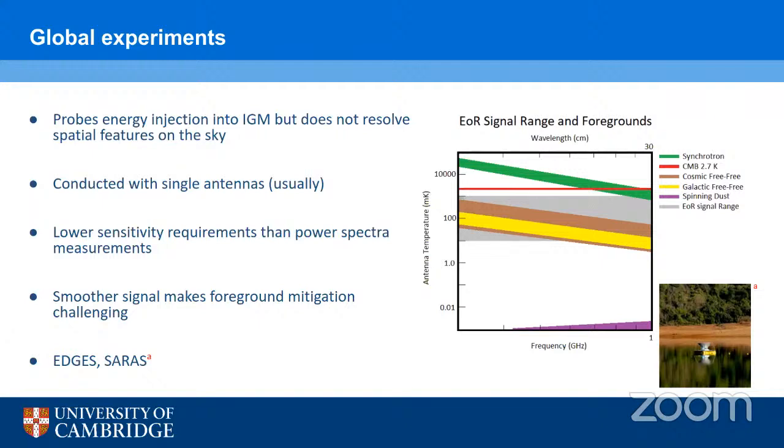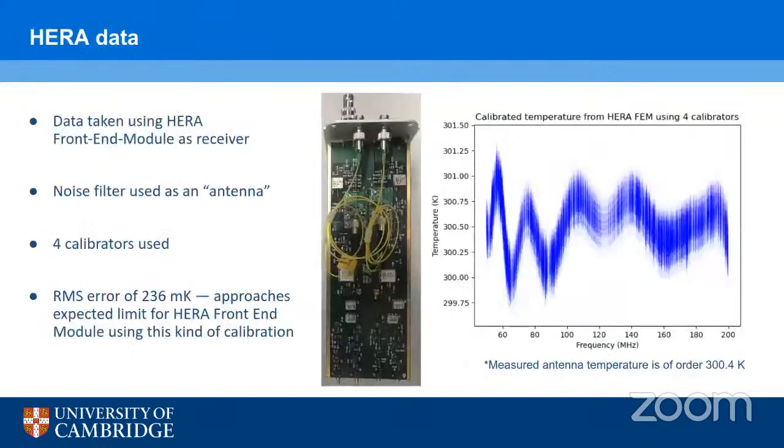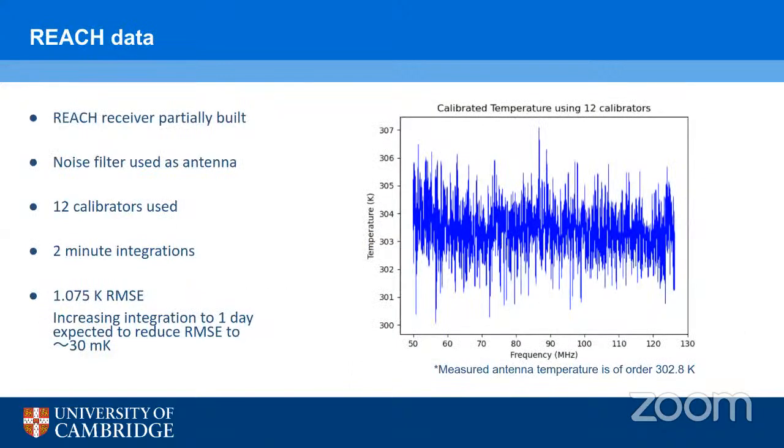Well, as you've seen, we are still testing the calibration procedure on a partially built REACH receiver, which, as we saw in a separate picture, doesn't even have RF shielding yet, temperature control, and accurate temperature measurement.